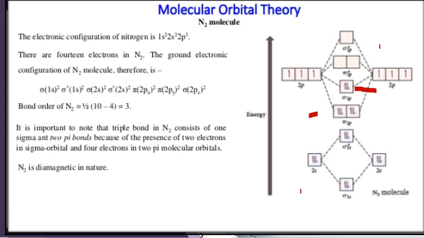Here the 2s atomic orbital of one nitrogen overlaps with the 2s of the second nitrogen. These atomic orbitals produce two molecular orbitals, which give rise to the σ2s bonding molecular orbital and the σ*2s anti-bonding molecular orbital. Here they are, this one and this one.